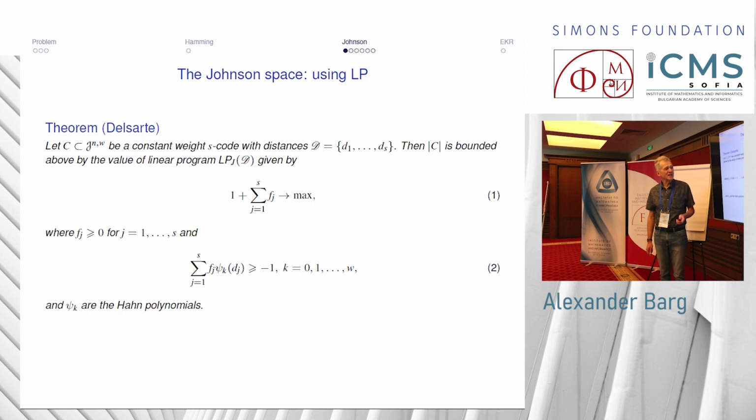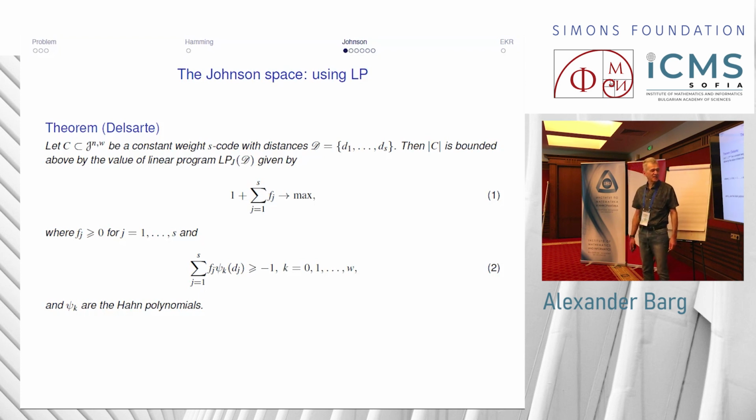So Delsarte says that the size of the code is bounded above by this linear form where the coefficients are non-negative, and Delsarte's inequalities take the discrete Hahn polynomials psi k and substitute the distances. Well, this is the polynomial of degree 0, which we put to the right, but in principle it just says that the linear combination of the Hahn polynomials with these coefficients f is non-negative, right? This is non-negative definiteness of spherical functions, if you like.